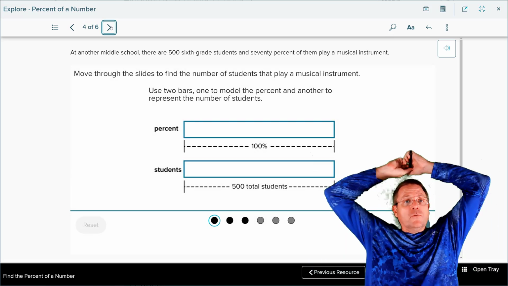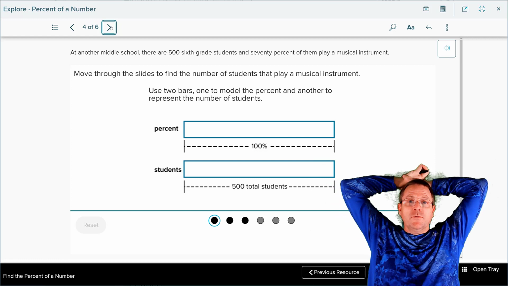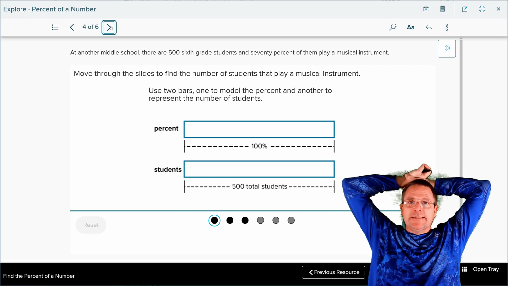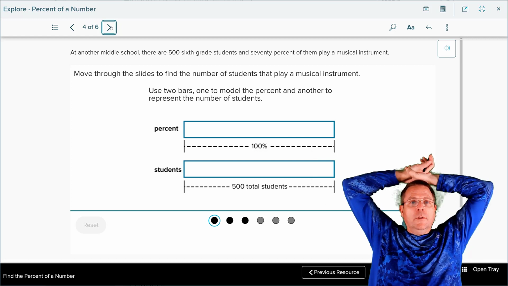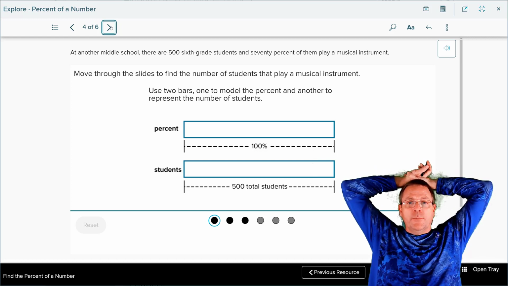At another middle school, there are 500 sixth grade students, and 70% of them play a musical instrument. That's pretty high numbers there. Move through the slides to find the number of students that play a musical instrument. Use 2 bars, one to model the percent and the other to model the number of students.